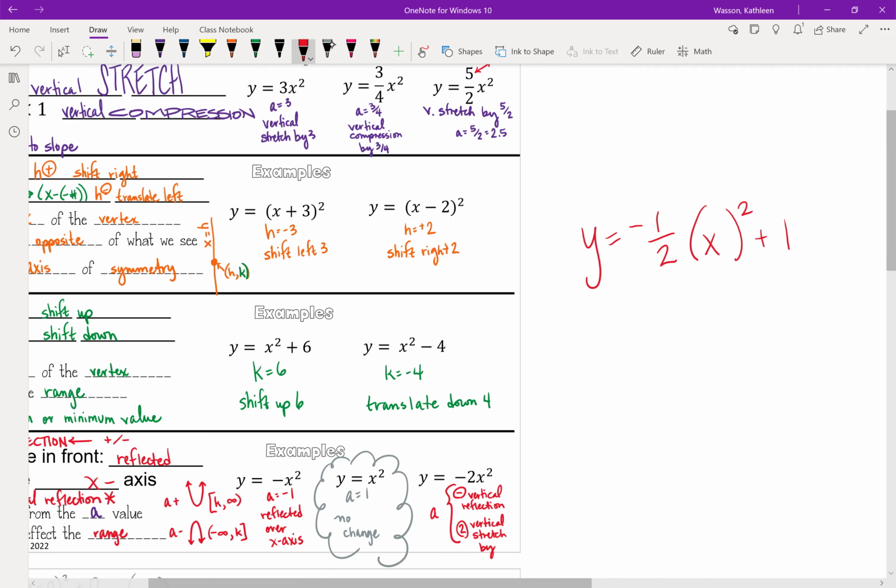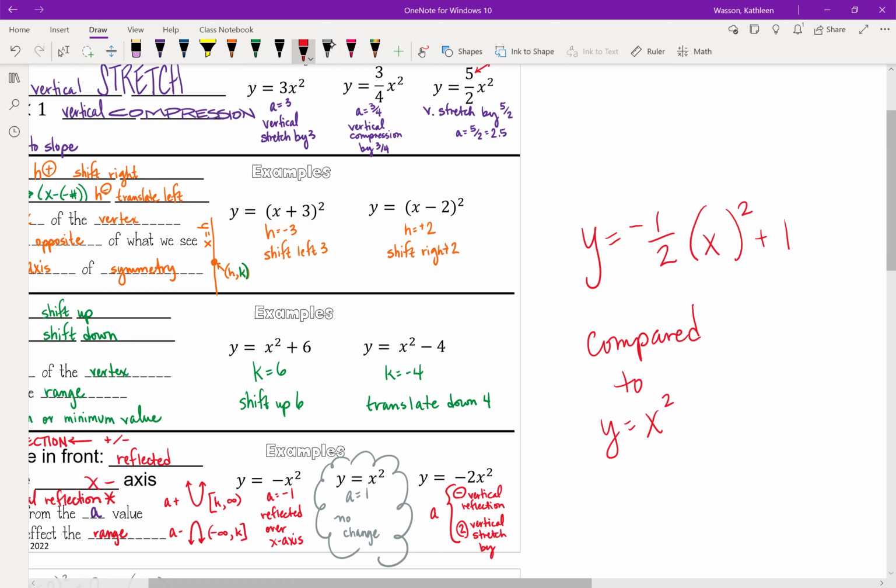This equation has a vertical reflection and a vertical compression by half, and it's also shifted up 1. Those are transformations. So whatever combination of changes compared to y equals x squared, the original graph, what you do to this to change it to be this, that's the transformations.